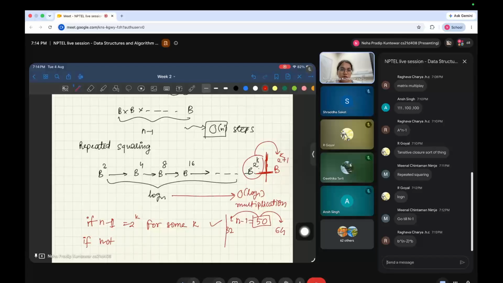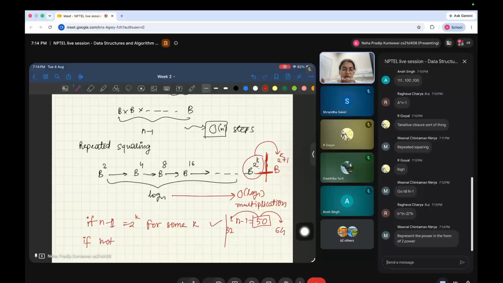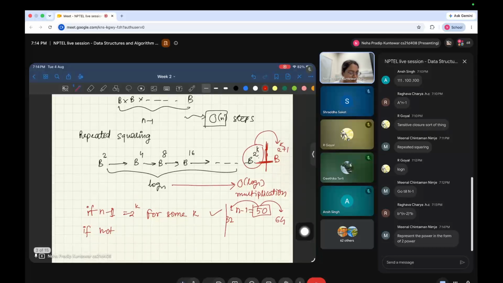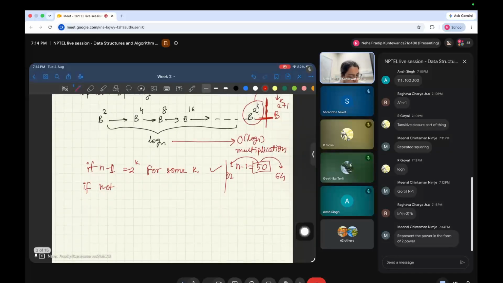Okay, so I'll give you a hint. Look at how to write any decimal number as a sum of powers of 2 and see if that helps you. Yeah, as one of you pointed out, Meenal. So what you will do is express the number as a sum of powers of 2, which you can always do.